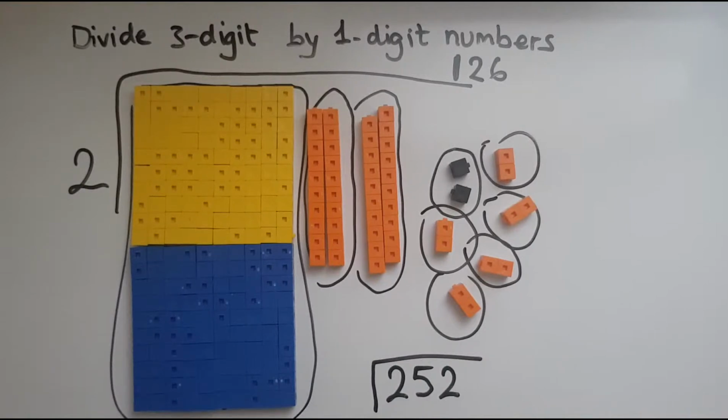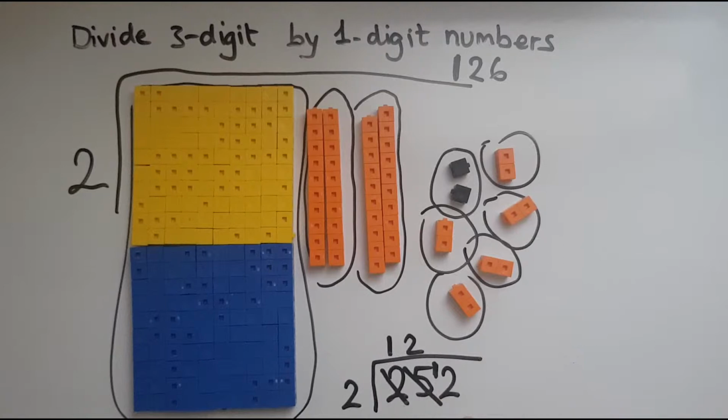How did that happen? What did we do? We tried to fit 2 into 2. So that is one lot of it, because 1 times 2 makes 2, and there was nothing remaining. Now, how many 2's would fit into 5? That was 2 of them, because 2 times 2 makes 4. So there is 1 remaining out of the 5.